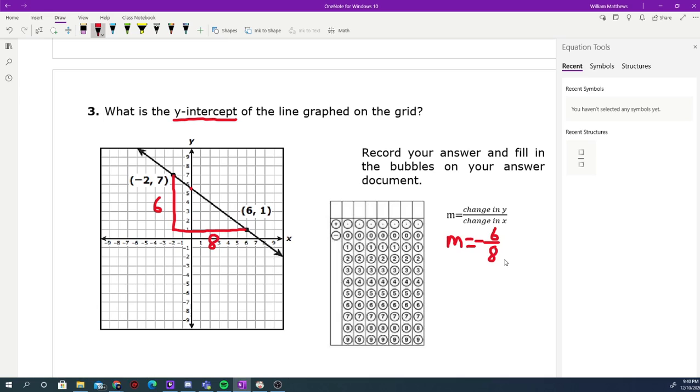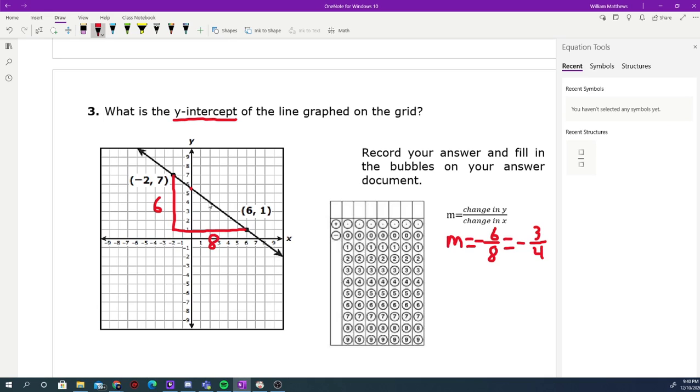So with this, we can simplify this to make it even easier. They both can be reduced by a factor of 2, which would give us 3 over 4. Now this makes sense. If I use this point, I could go down a total of 3 and then go over 4 and still be on the line.